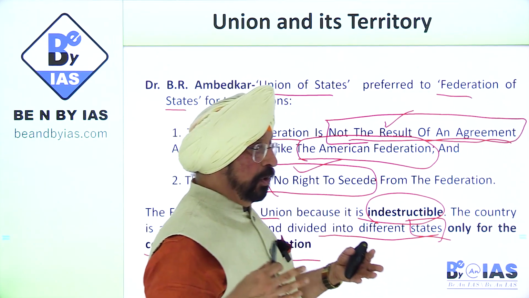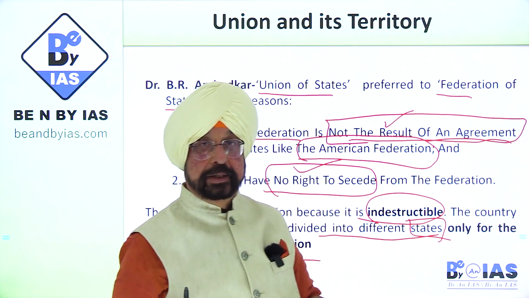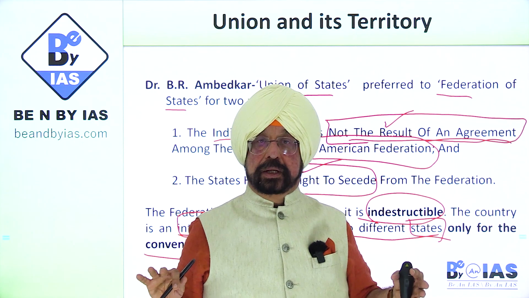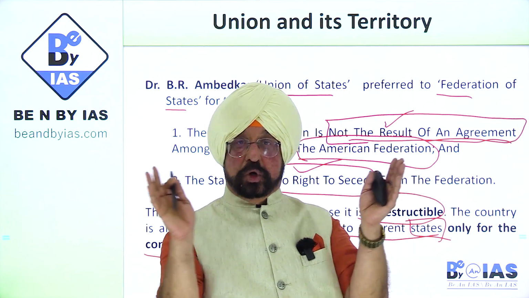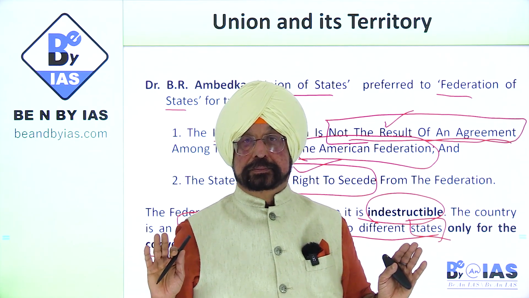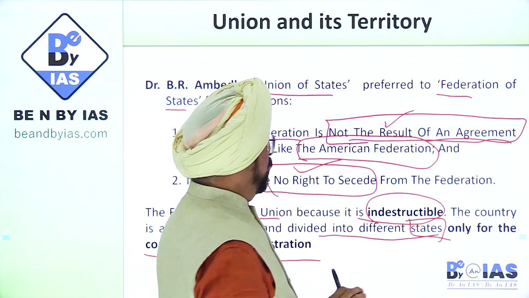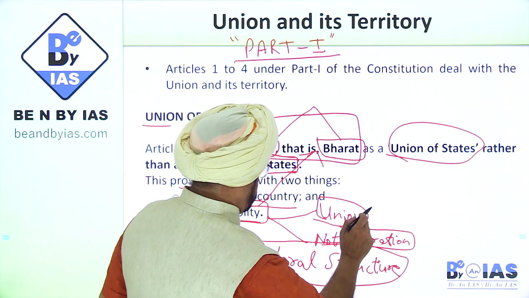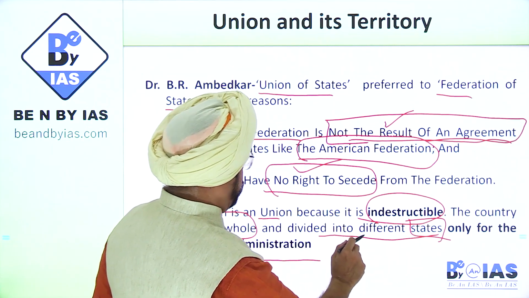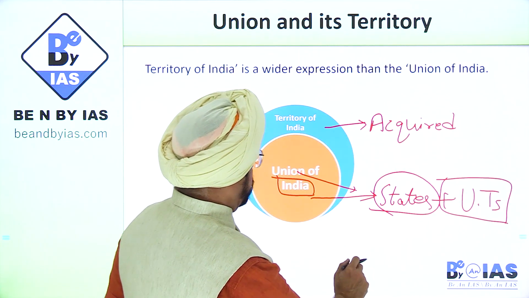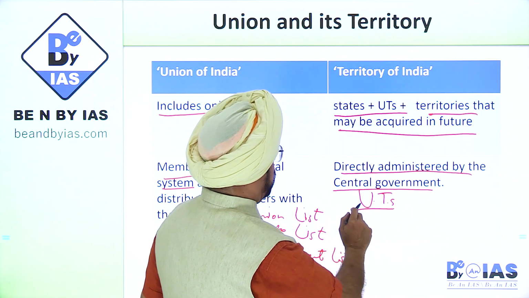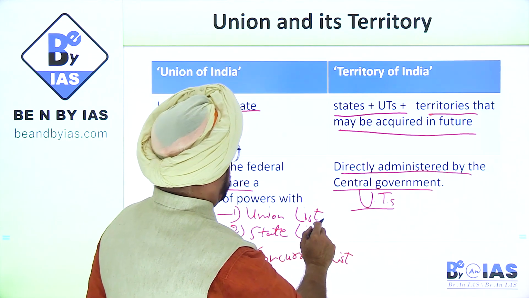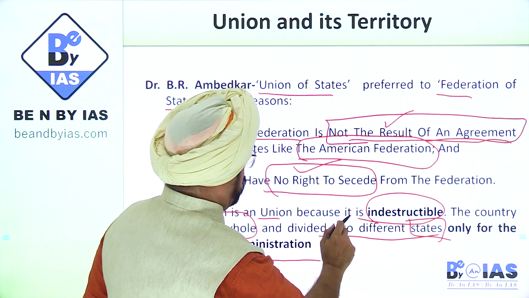Whereas in the case of India, Indian Union, it was not a creation of any agreement. The states simply joined the union. States at that time were what? They were the provinces. I think I mentioned somewhere, provinces. Anyway, I'll go back to this.